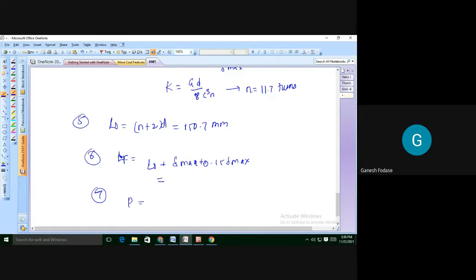We use formula LF is equal to pitch times number of coils plus twice d. Just find out all these values.